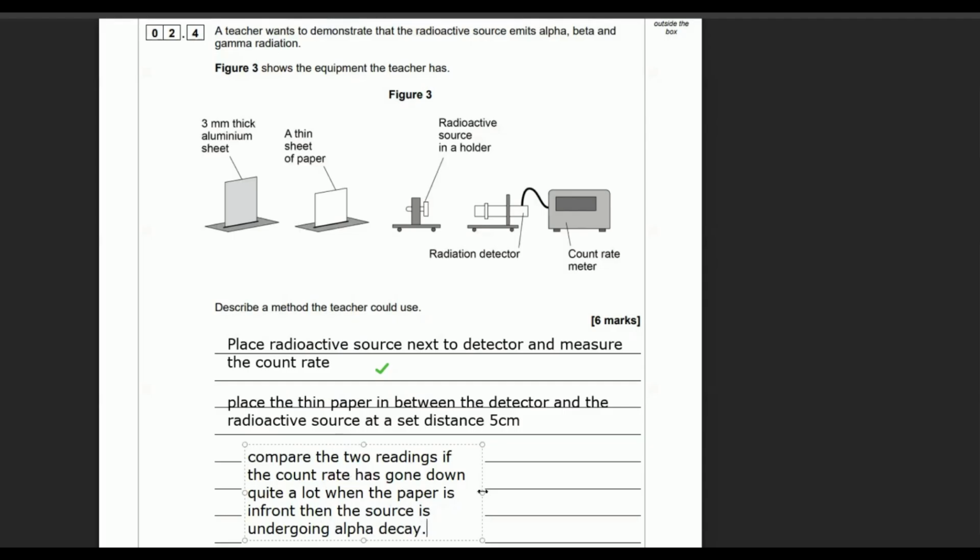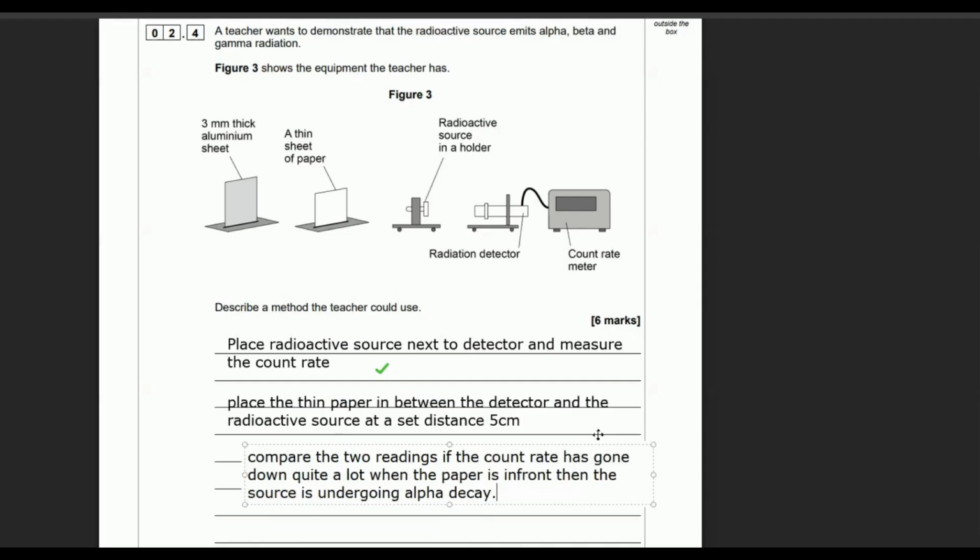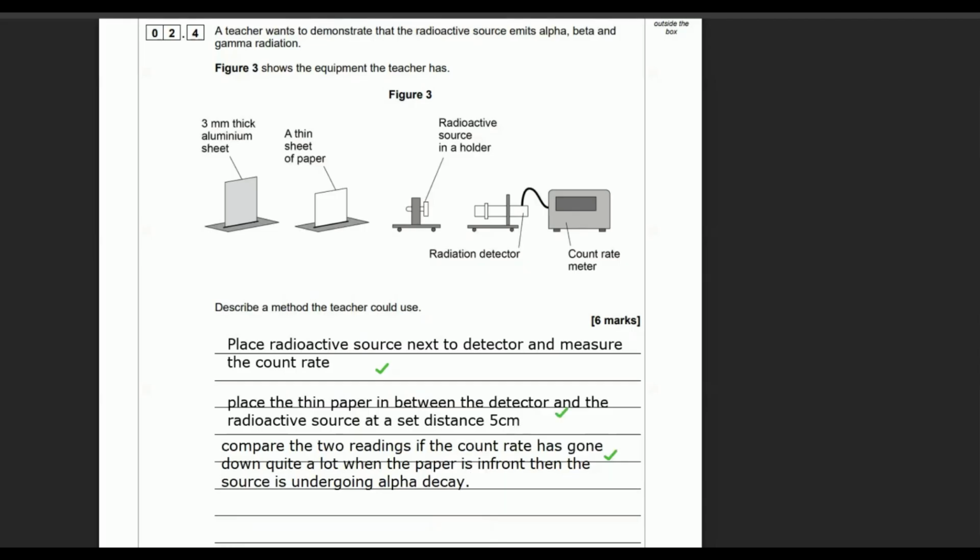Why? Because alpha gets blocked by paper. It is absorbed by paper because it has low penetration, although it's the most ionizing. So if you put the paper in front, we get a sudden decrease in the count rate.